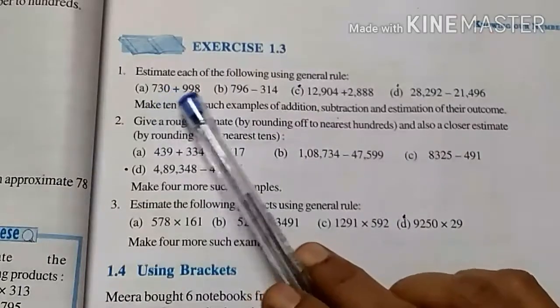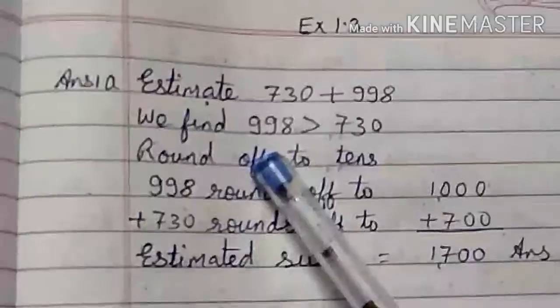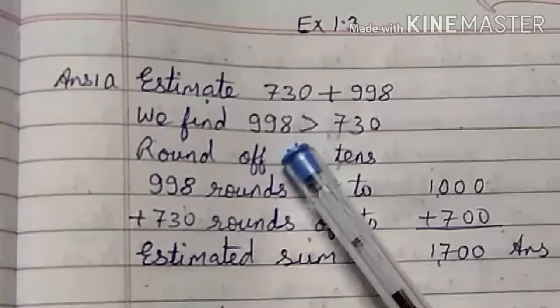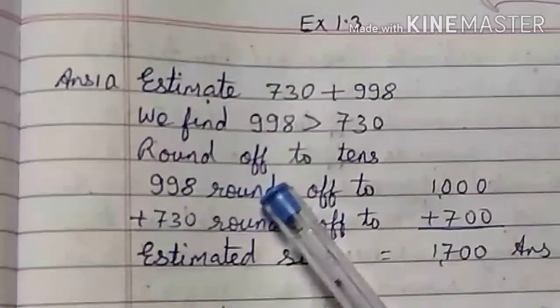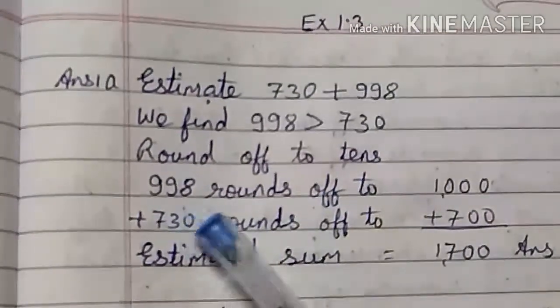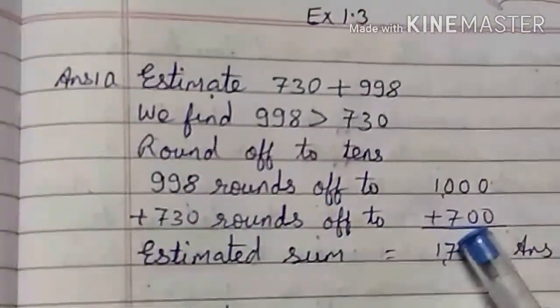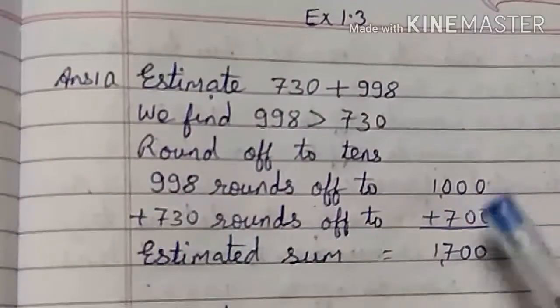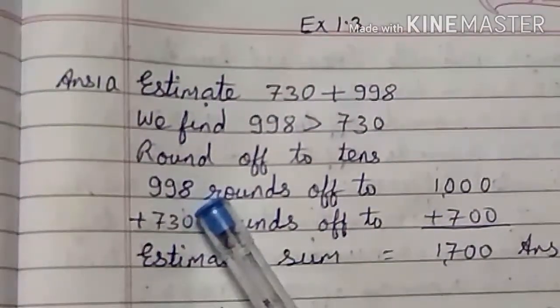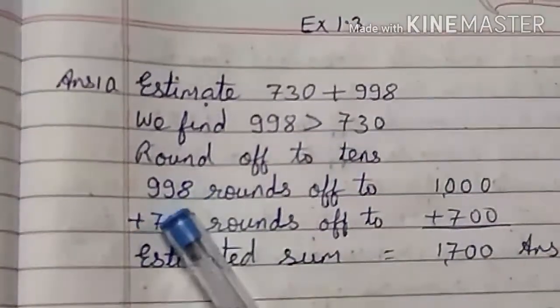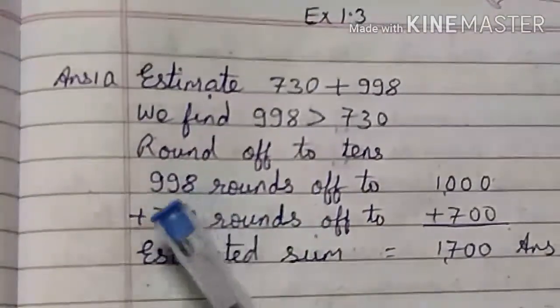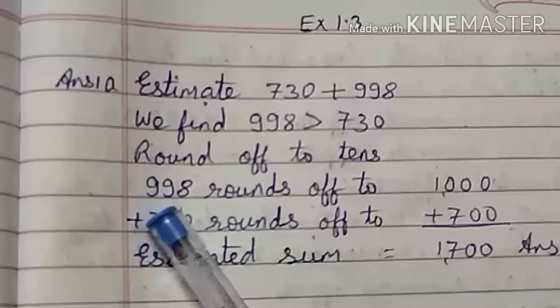Now how to solve these sums? Let's check out. We find that 998 is greater than 730. So for round off to tens place, 998 rounds off to 1000, as the tens place is 9, ones place is 8 and hundreds place is 9.